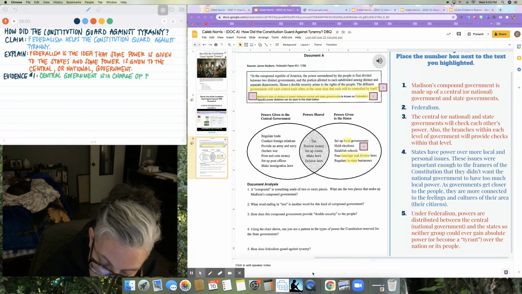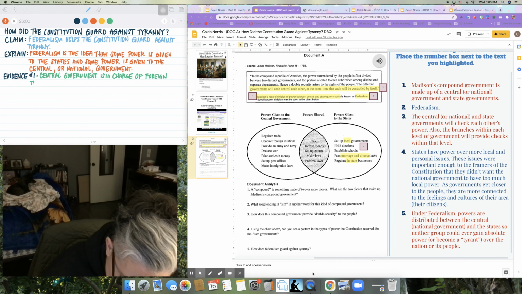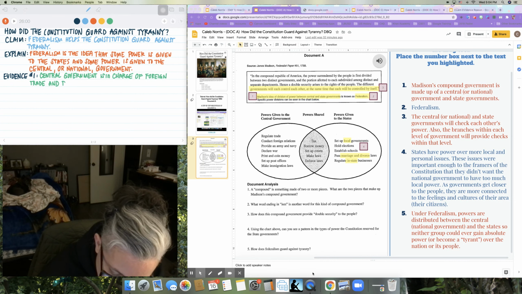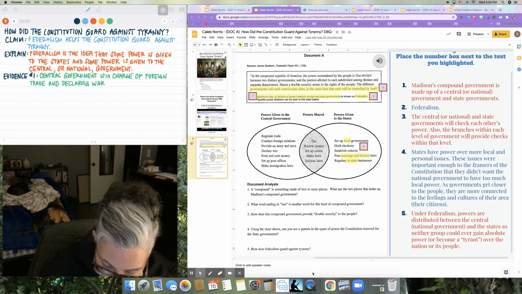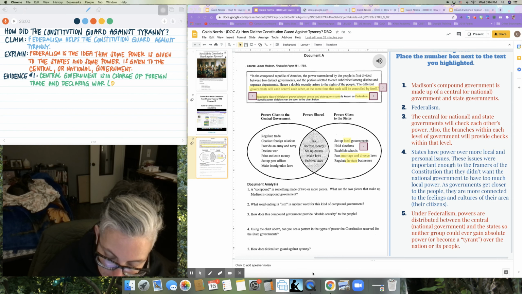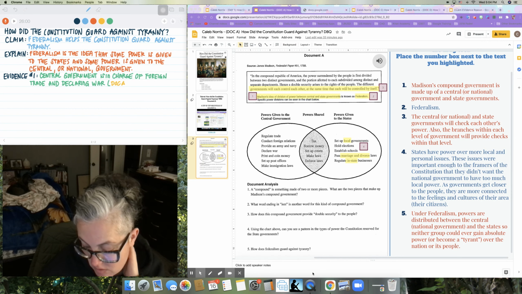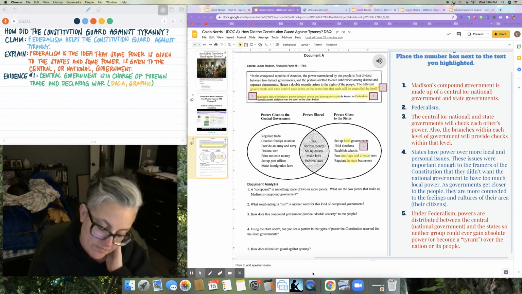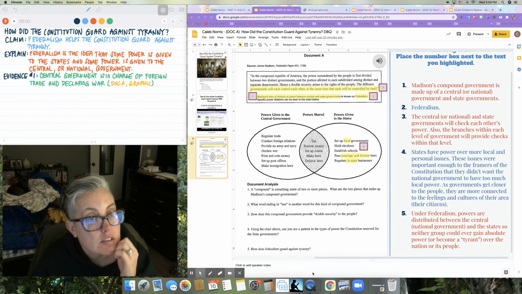Foreign trade, and what else? Declaring war, among other powers. But these are the 2 I'm going to point out. And where did I get this? I got this from Doc A, the graphic. Okay. You need to pause.